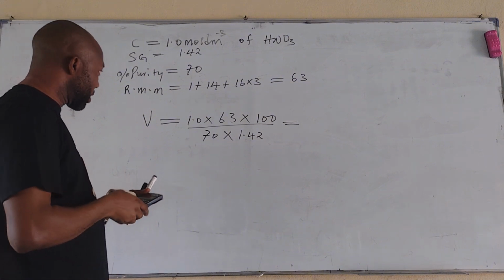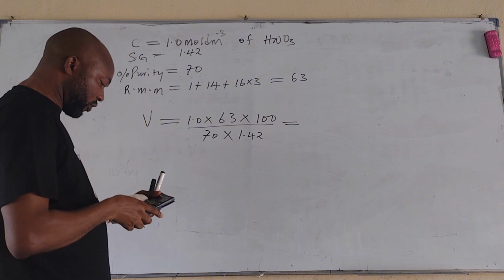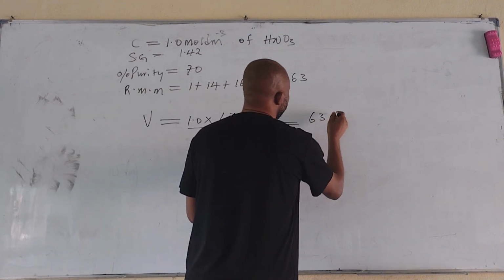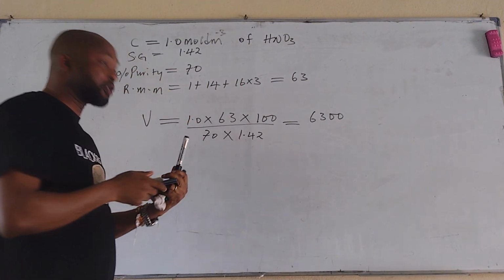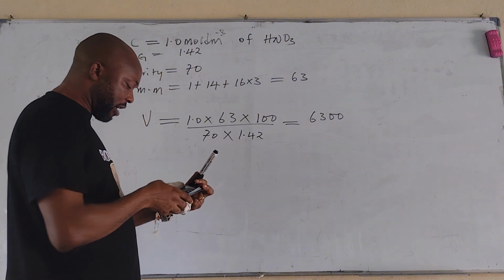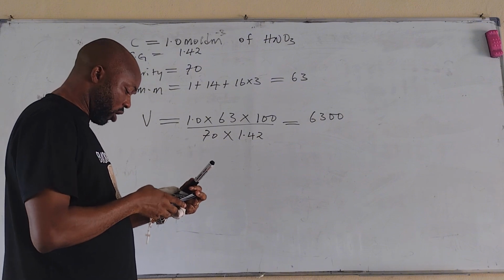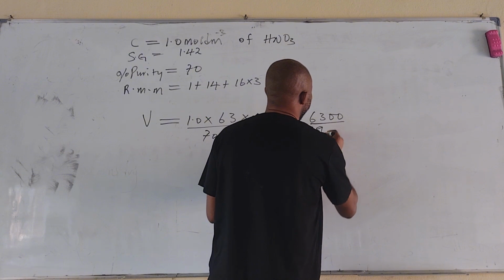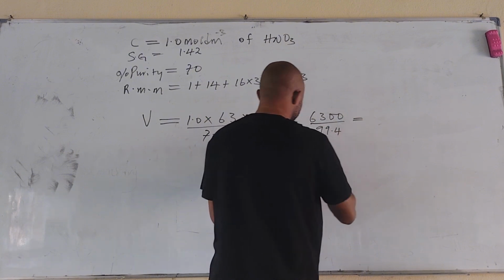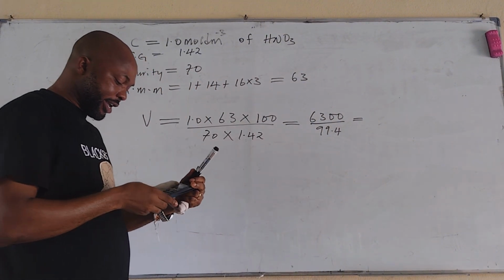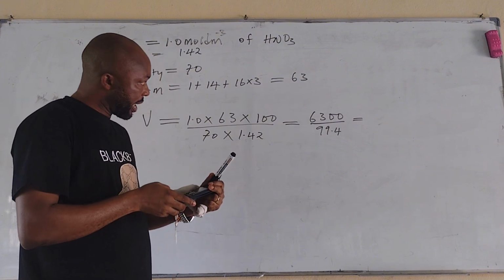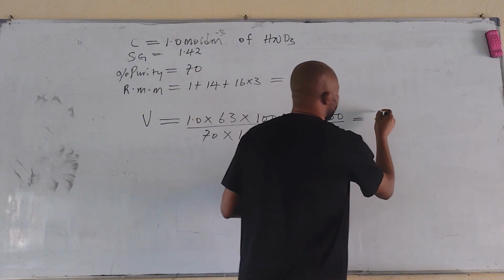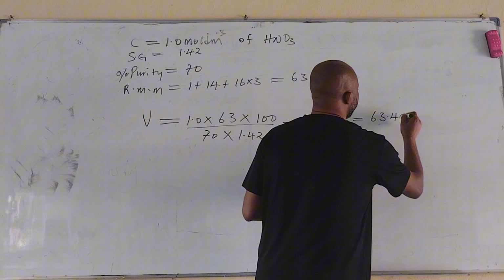So I have 1 times 63 times 100, which gives me 6,300, all over 70 times 1.42, which is 99.4. So 6,300 divided by 99.4 is approximately 63.4 cm³.